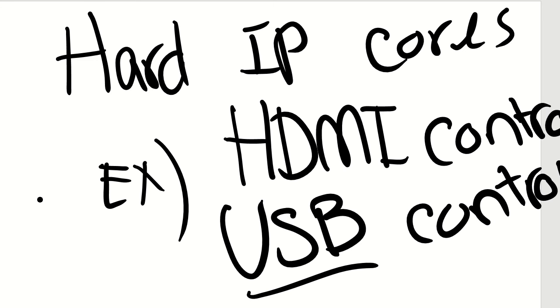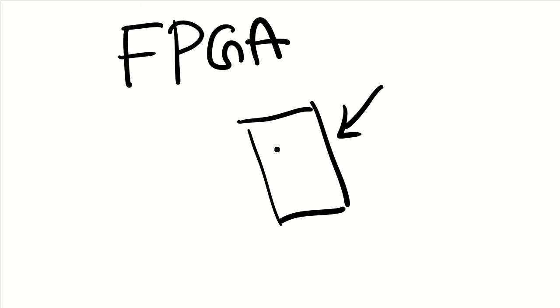Okay. So in summary, I introduced you to FPGA. It stands for Field Programmable Gate Arrays. And I said it's an IC where you can control what's happening inside, the connections, the gates that are connected together, with a code.